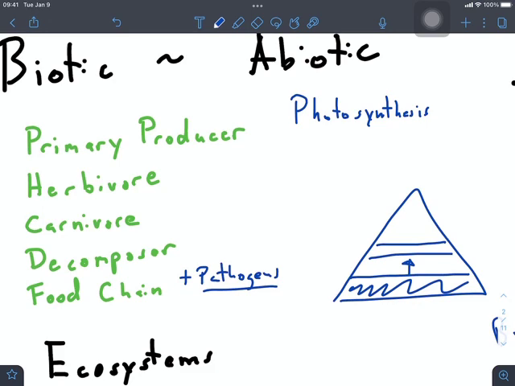Now, we as a society have become very acutely aware of pathogens over the last 2 years, living in the COVID-19 pandemic.